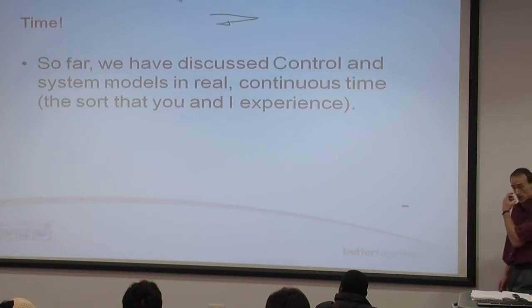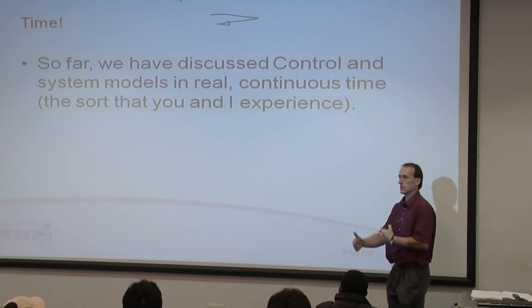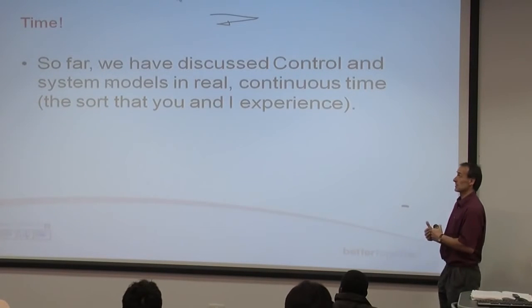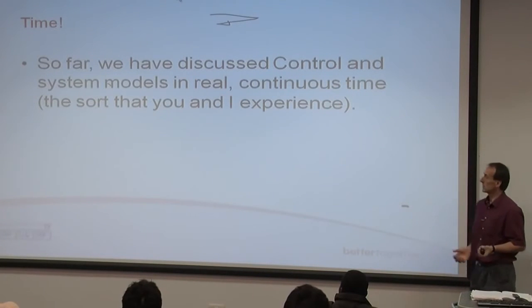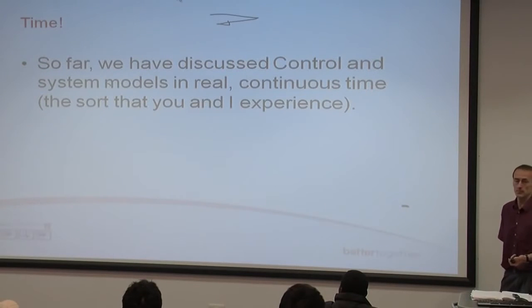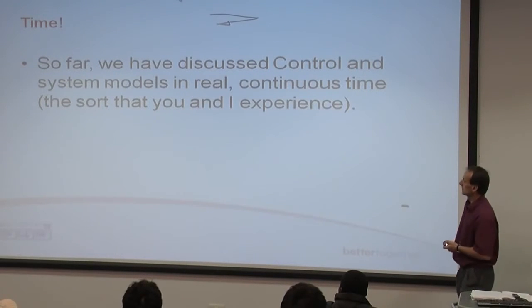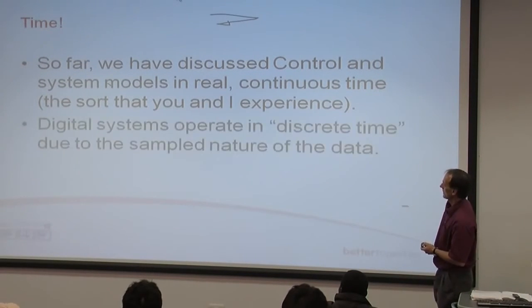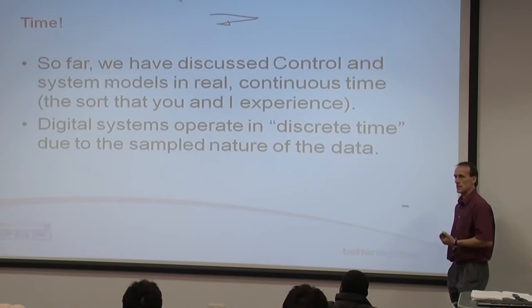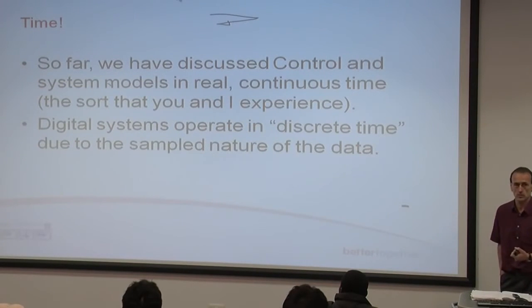Close enough. So, the study that we've done, the analytical tools that we've produced, they're all based around continuous time, the sort of thing that you and I live in. Digital systems, and let's face it, many things these days are controlled digitally.